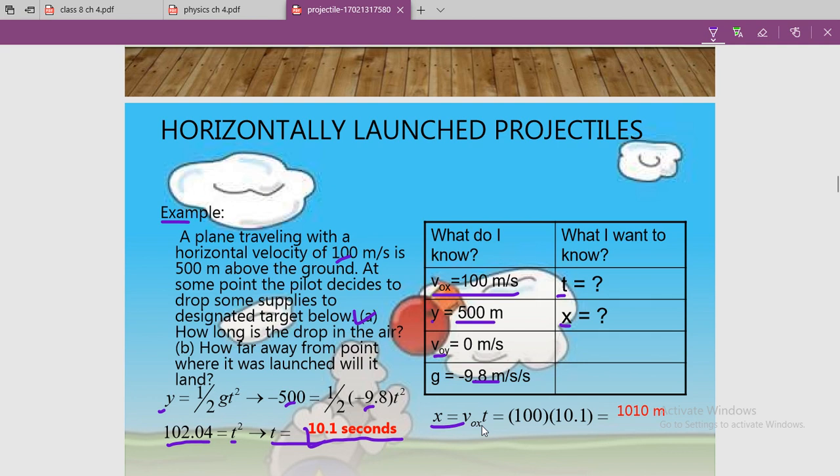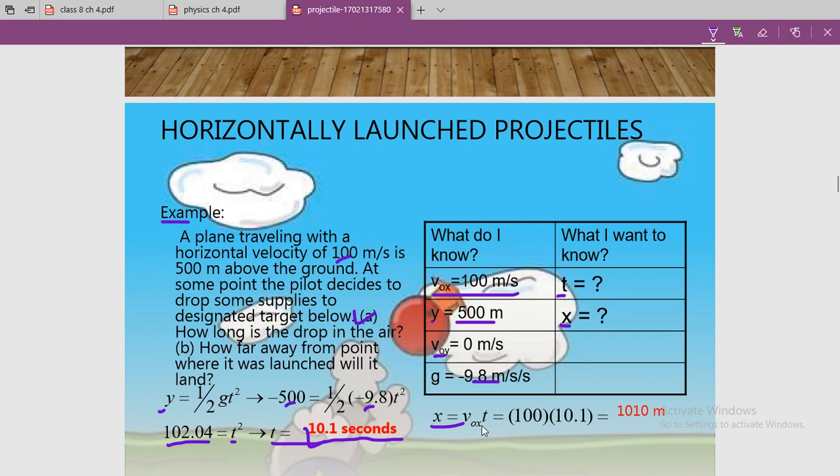So we can use a simple formula: distance is equal to velocity into time.